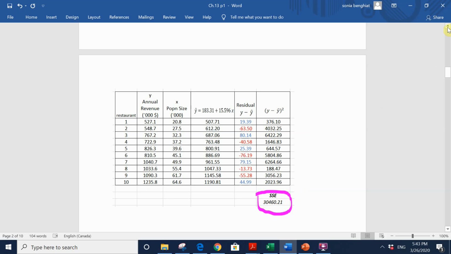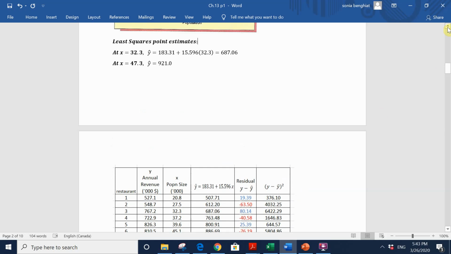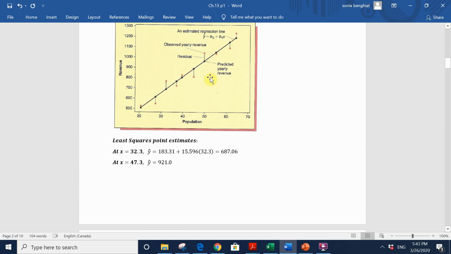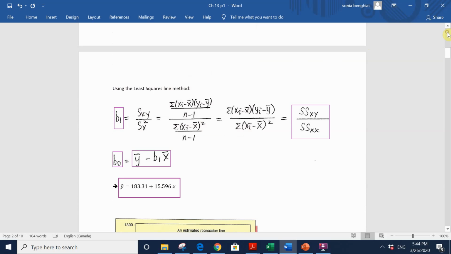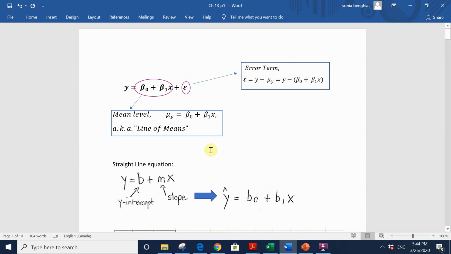So just to remind you again, we have here our observations that deviate from the estimated line of means. These deviations are reflected by the error component of our simple regression model. Let's not forget that our simple linear regression model is made up of two components: the observed value is equal to a mean level plus an error term.